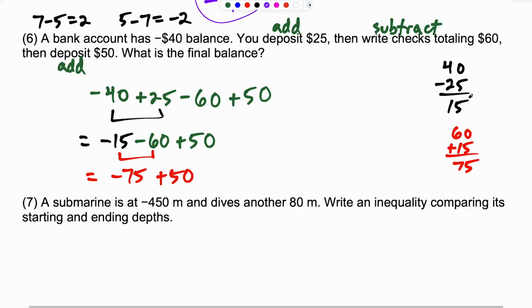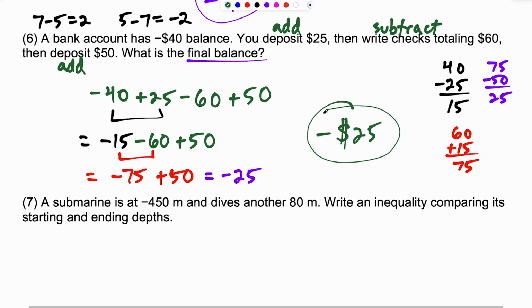And for this piece here, we're just going to do 75 minus 50 is 25. But then we're using the same idea as before. This is going to work out to negative 25. So what is the final balance? The final balance here, we could say at the end, is negative $25. So here is our solution to question 6.